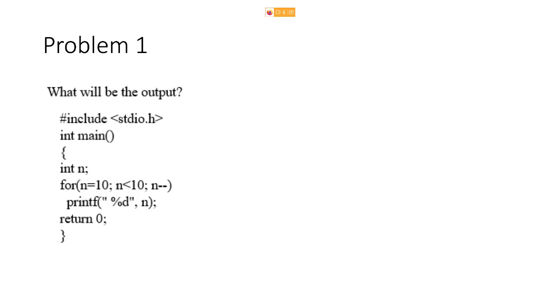For problem one, you're given this code snippet, and you have to tell what will be the output of this program. Just go through the program and tell me if you understand the syntax that is written over here. There is a for loop. Do you understand for loops, printfs, and all of that?